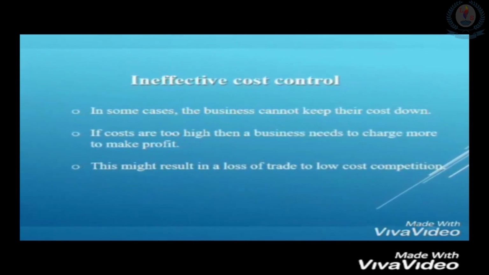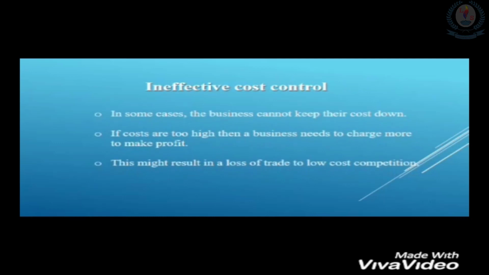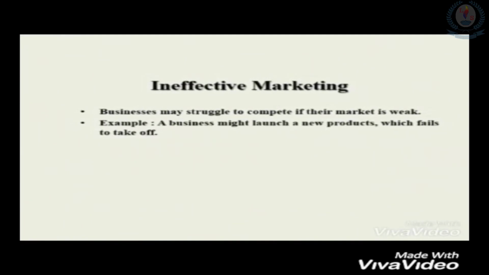A firm's cost might be higher than the rival's for a number of reasons. Sometimes they may be wasteful in their production, or else they may be too small to exploit economies of scale.